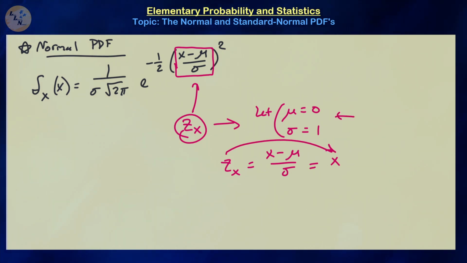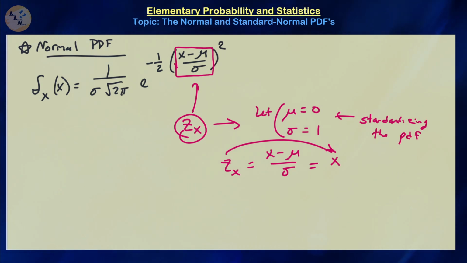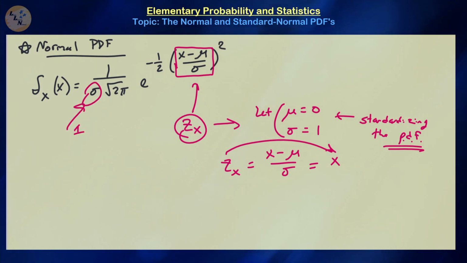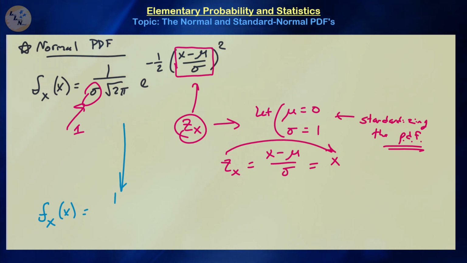So what we are doing here is we're standardizing the probability density function. When we standardize the density function, also notice that the sigma is also going to turn to 1 as well. Our PDF is going to transform into something a little bit nicer, right? So now we're going to have the probability density function 1 over the square root of 2 pi times e to the minus 1 half x squared.